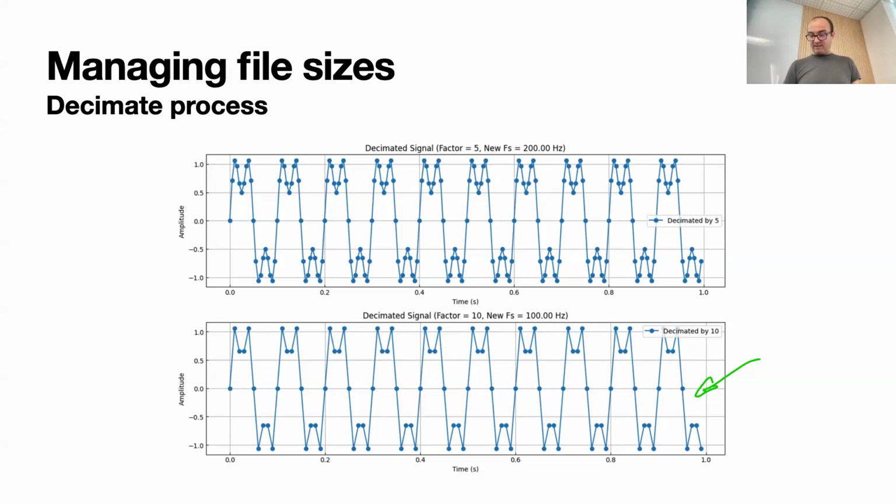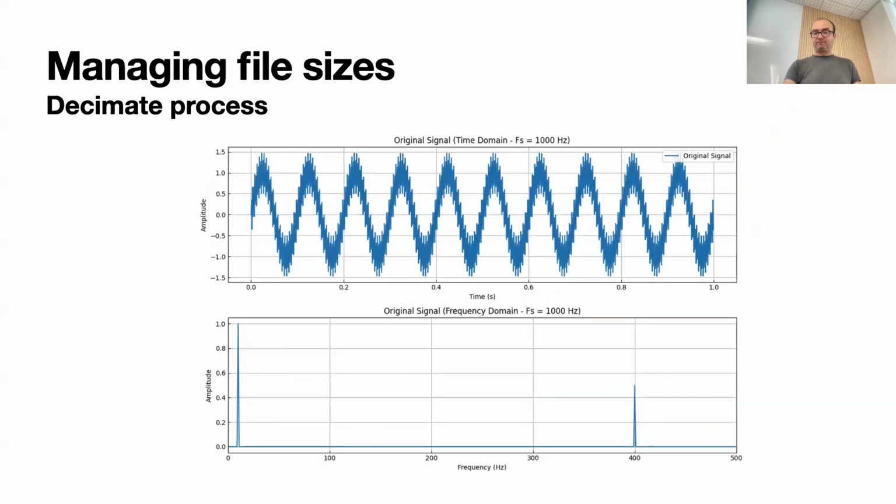So this signal takes 1/10 of the storage in bytes than the first one without losing any information. So that is why we usually decimate the signals before storing them. In such a way, we can decrease the amount of bytes that we are moving around.